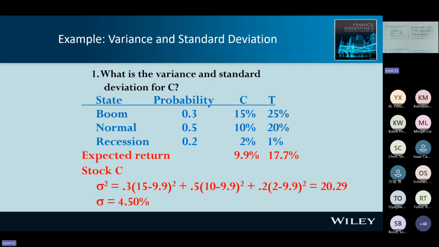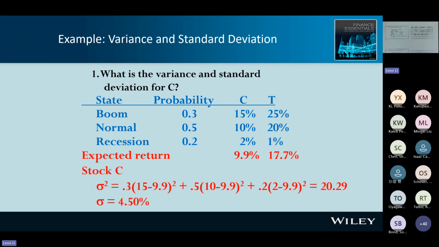Because your deviation could be positive or negative, right? To make the result positive, we use the square. The reason is simple. Both a positive deviation and a negative deviation are a deviation, no matter whether it's positive or negative, right? So we use the square first, then use the square root.